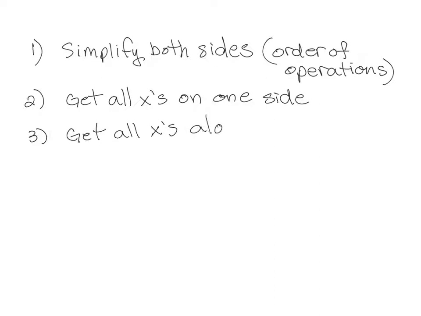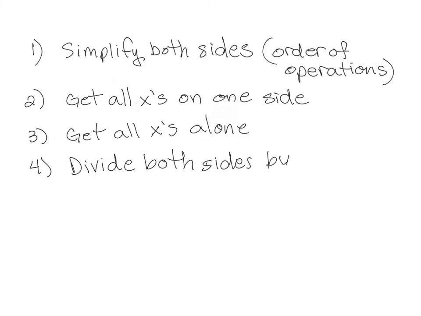That means you get rid of any of the constant terms, and then you divide the coefficient away. Divide both sides by the same thing. And I will explain each of these steps as we move through.